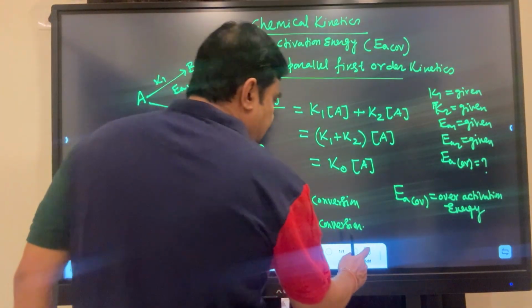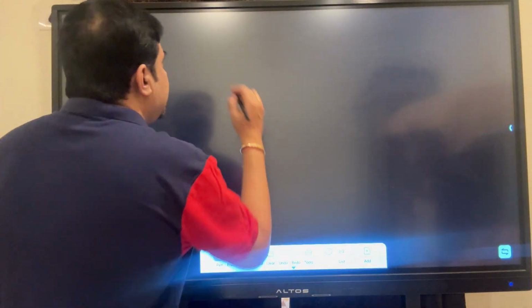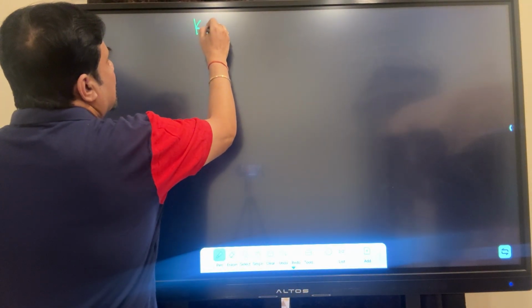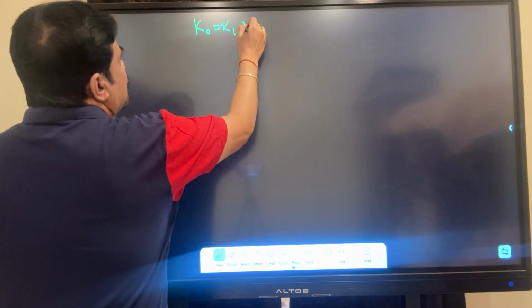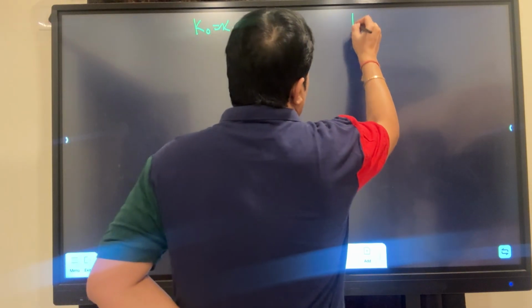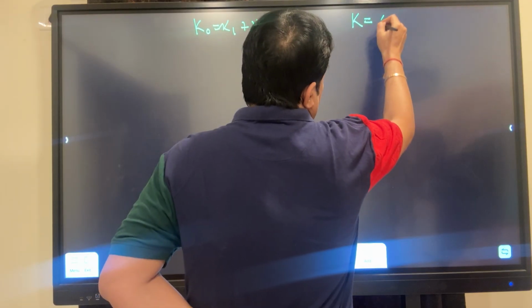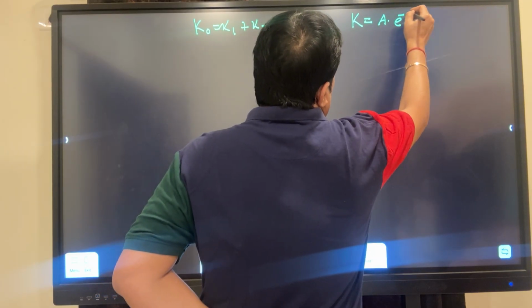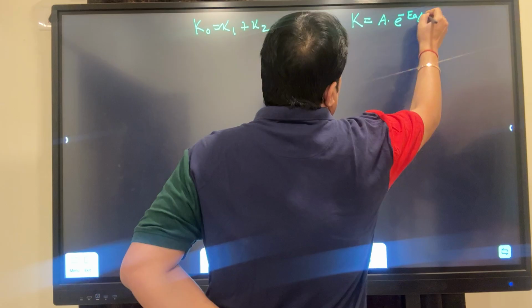K overall equals K1 plus K2, just now we got this. From the Arrhenius equation, what do we know? K is the rate constant, K equals A into e to the power minus EA by RT, the activation energy by RT.